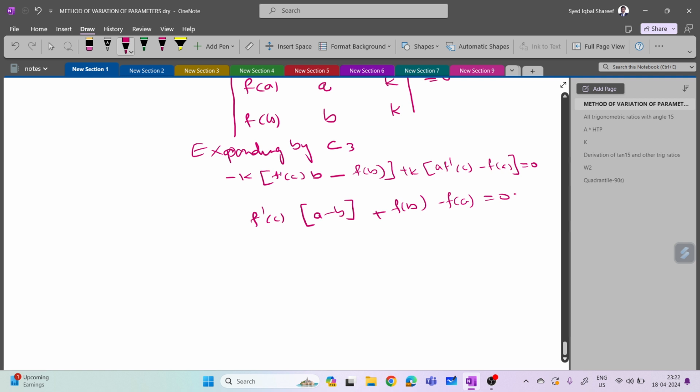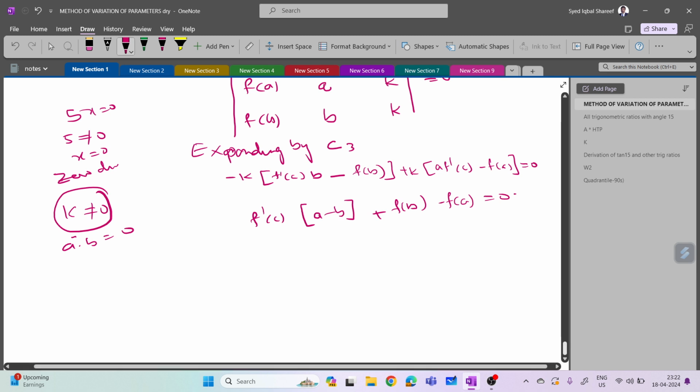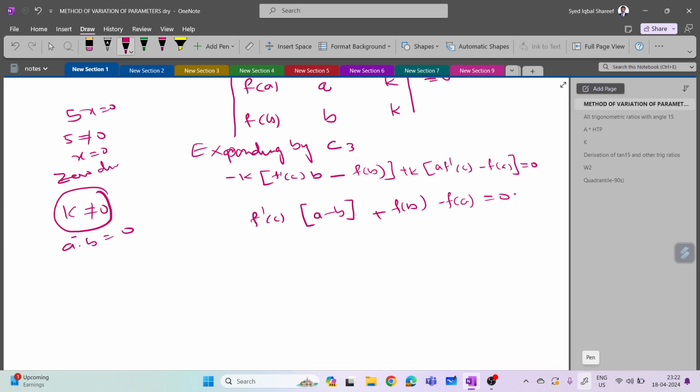So this is a minus b, and k is there. k cannot be equal to 0, so therefore this part is equal to 0. You see these zero divisors. A dot B equal to 0, for example, phi x equal to 0, phi cannot be equal to 0 if we are taking x equal to 0. Zero divisors, I will make a video on linear algebra and discuss there.